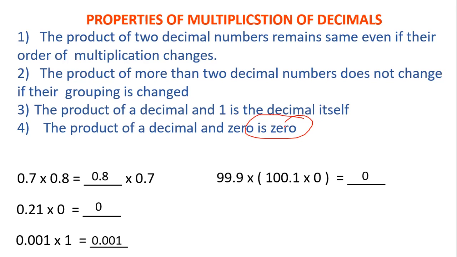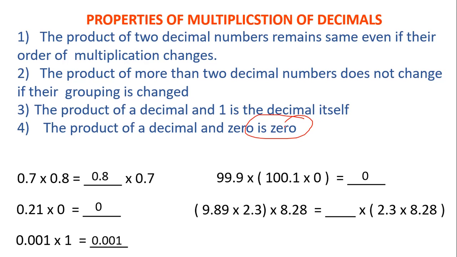Let's take last fill in the blank on this. Here is the problem. 9.89 into 2.3 into 8.28 is equals to dash into bracket of 2.3 into 8.28. Here you will find three numbers. Out of three numbers, they made first two numbers as a group, which means this is based on the second property.